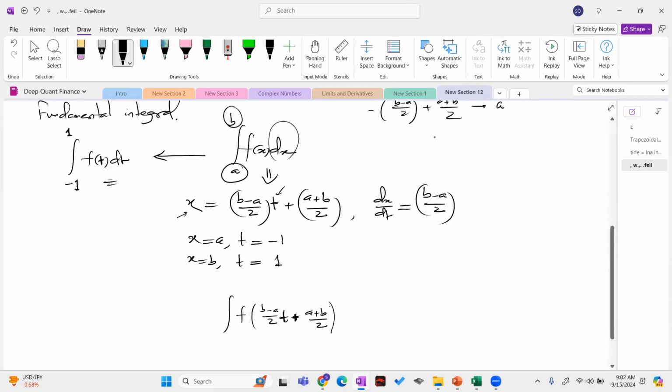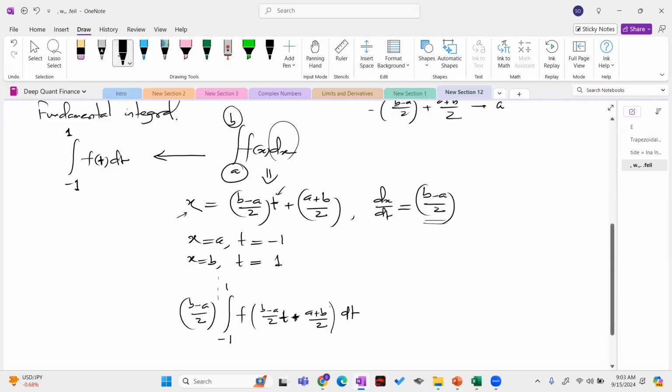Then instead of dx, I can write (b minus a) by 2 dt. So (b minus a) by 2 is a constant, will come out. This becomes dt. And the limits have become -1 to +1. Okay. So that's how I can transform any definite integral from a to b, by doing a variable substitution. It's a new variable. And the integral goes from -1 to +1.